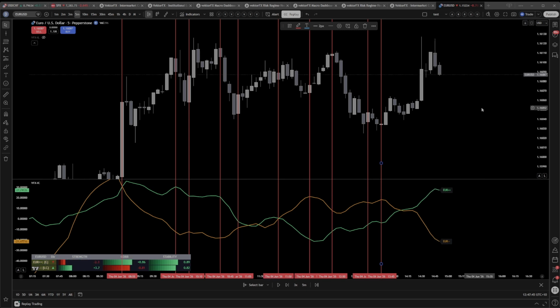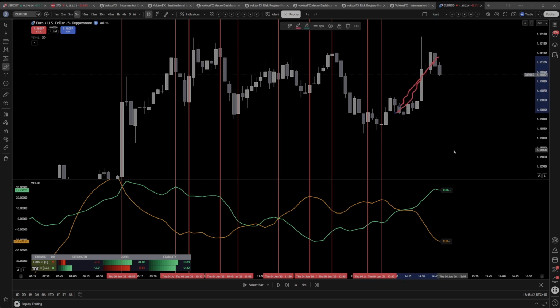Right, pause it there. So largely paralleling, we get ranging price, but then what happens? The euro gets much stronger than the US dollar. The US dollar is coming off, the euro is gaining strength. As a result, price goes up.